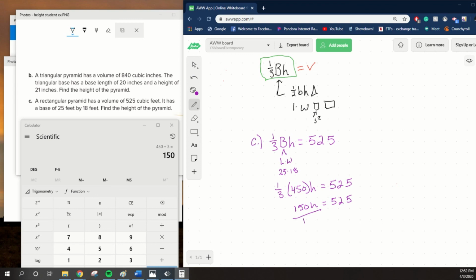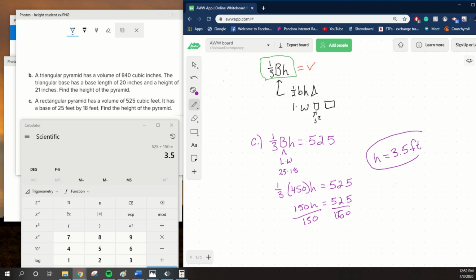So now I need to divide this side by 150, divide this side by 150. So I'll take 525, divide it by 150, and I get 3.5. So the height of this rectangular pyramid has to be 3.5 feet.